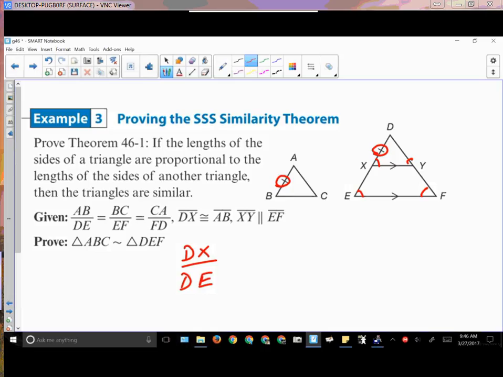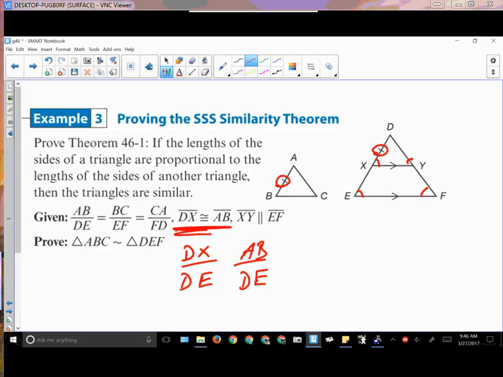Like I said earlier, this was a poorly written problem, but that's okay. So if I know that is the case, and I got this here, so could I say that AB would be to DE? Okay, so that gets us back to our given. And so what we can conclude out of this is that we've got these sides that are going to be the same.